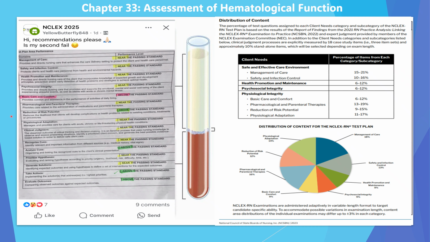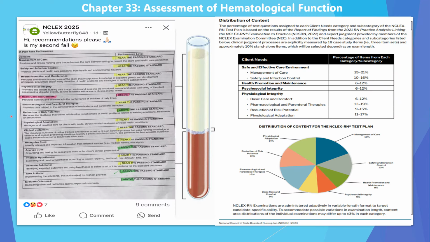Recognizing cues is like, what clinical manifestations are observed in this patient, like with the blood disorders, if you have a case study. Analyzing cues: how do the clinical manifestations correlate to the underlying pathophysiology?